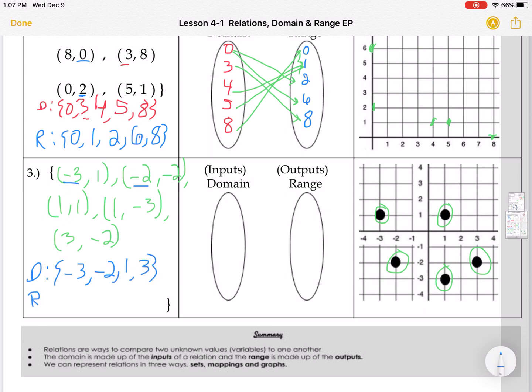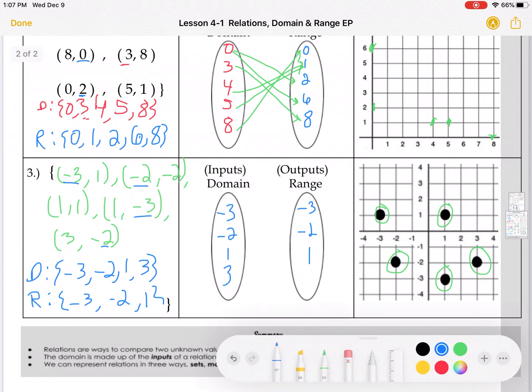Simply just list all of our x values. Our range, we're simply going to list the y values. So I have -3, -2, and 1. And that's it. So our domain: -3, -2, 1, 3. Range: -3, -2, 1.